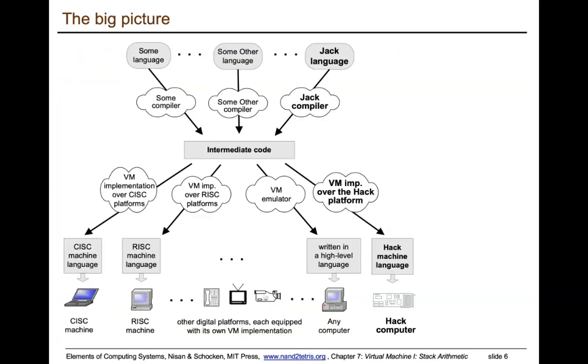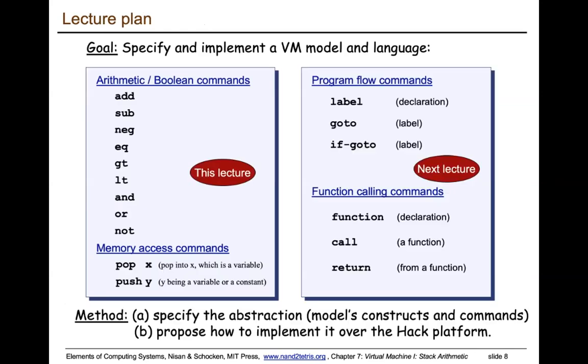So in summary, the compiler should do this kind of thing. There are four things. One is arithmetic and Boolean commands; you should be able to do that. And you should be able to handle the memory, because you should store your intermediate results.